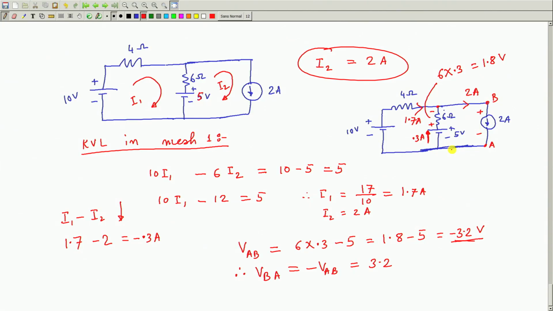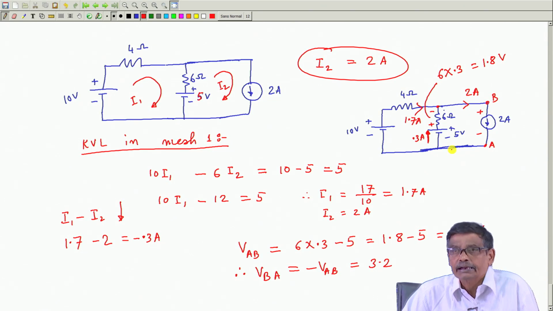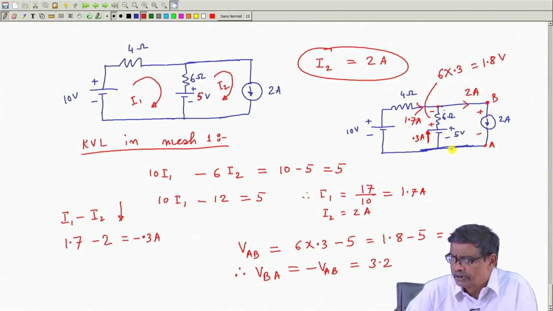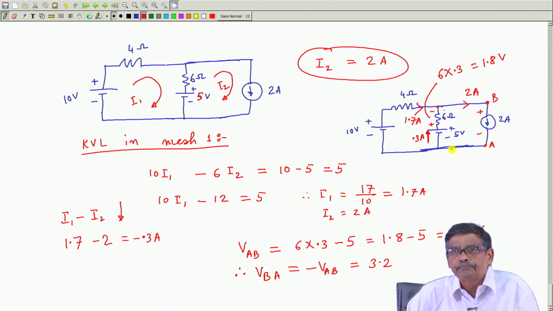I told you in the previous class that given a network, you should be in a position to calculate potential difference between any 2 points of that network you like. These are very good things to know. If somebody says calculate potential between 2 points A and B of a given network, what you have to do is this: solve the network.